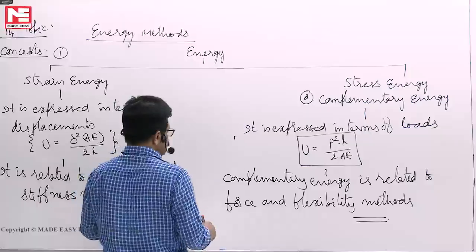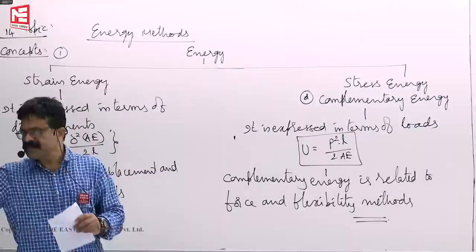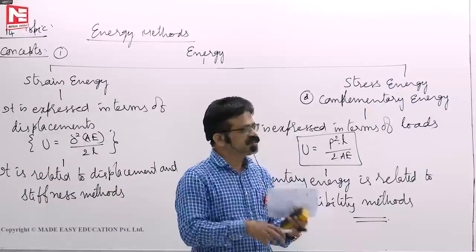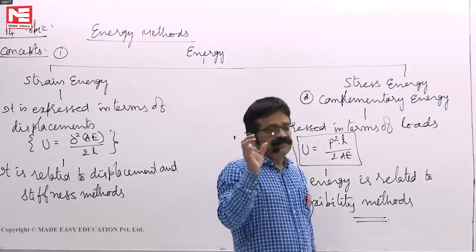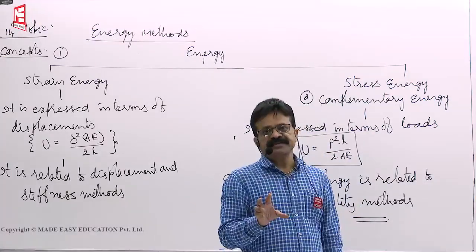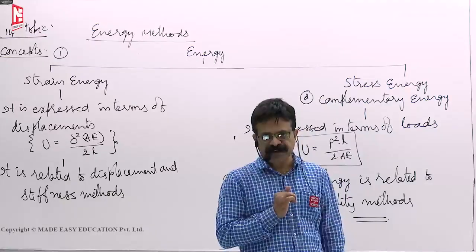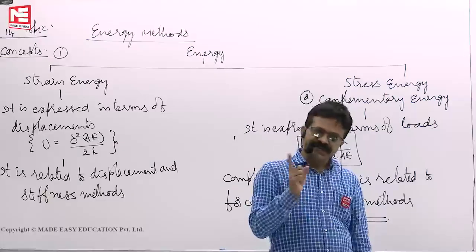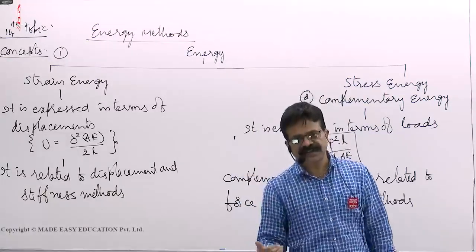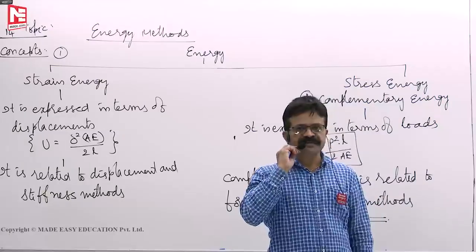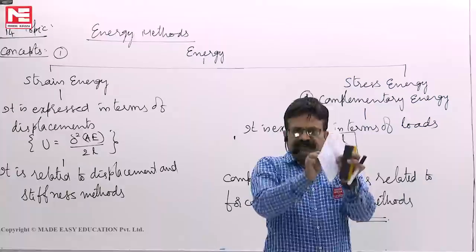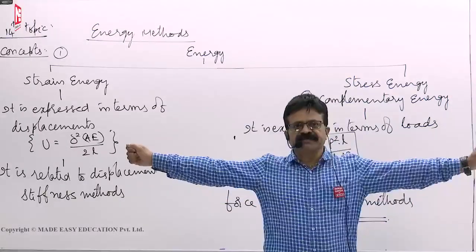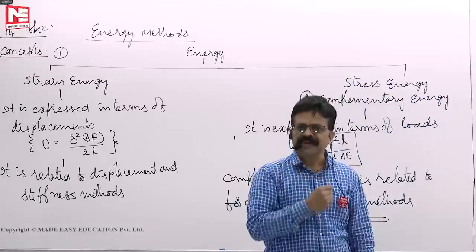Now, this is what you have studied. Under what circumstances is the principle of superposition applicable? You have strength of materials, first chapter is that only. You must have a linear elastic material and also deformations must be small for the principle of superposition to apply. Even if you have a linear elastic material but large deformations are there, you cannot apply the principle of superposition. If you take a rubber bar, let us say whose diameter is 1 centimeter, you pull it, say 1 meter long, so 1 centimeter will become 1 mm.